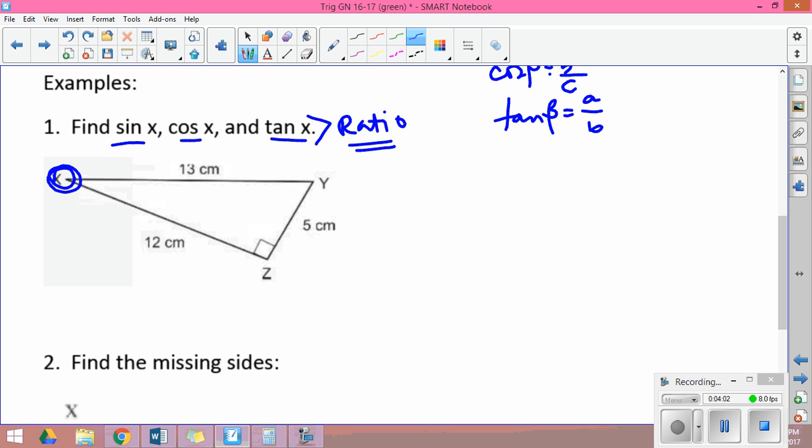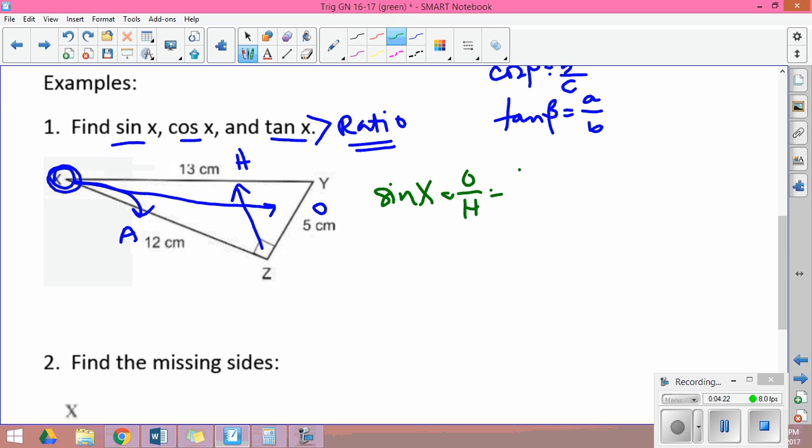So here is x. Hypotenuse is always hypotenuse. From x all the way across here is opposite, and this one that touches is the adjacent. So when I go to write the sine of x, opposite over hypotenuse, that is 5 over 13.